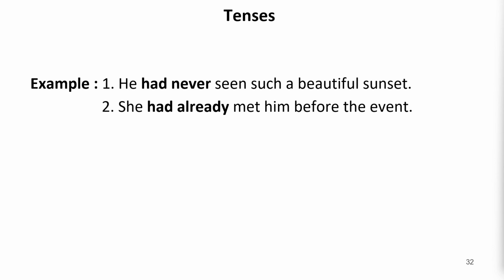Now, past perfect tense can also be used in different manners with different conjunctions. Let us see one more part related to it. Suppose we have a conjunction that is before. Now, this one is very, very important. One sentence is before it and another is next to it.